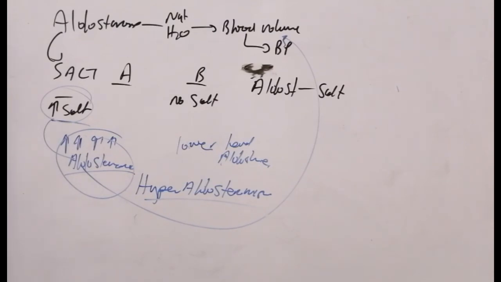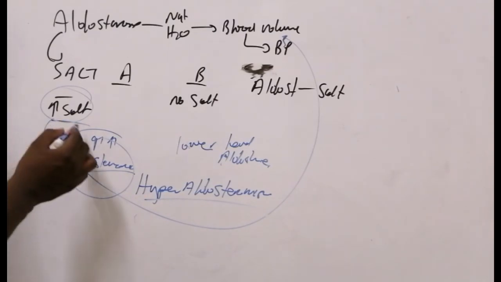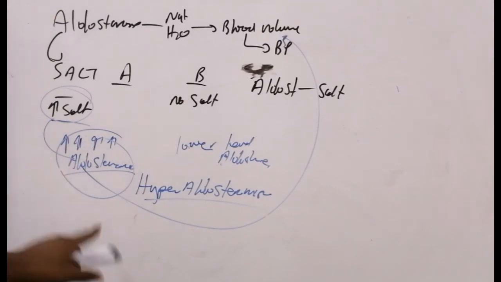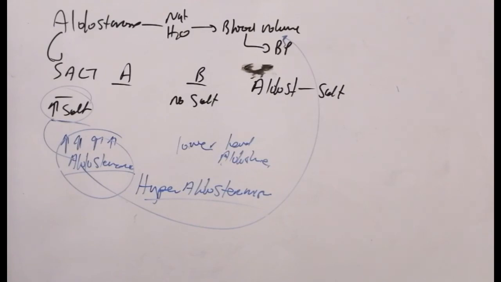And it was also discovered that once these patients went low on salt, their aldosterone also went down. Very interesting finding that these guys made. Very, very interesting. So this is the reason why we don't want patients to be on a high salt diet.